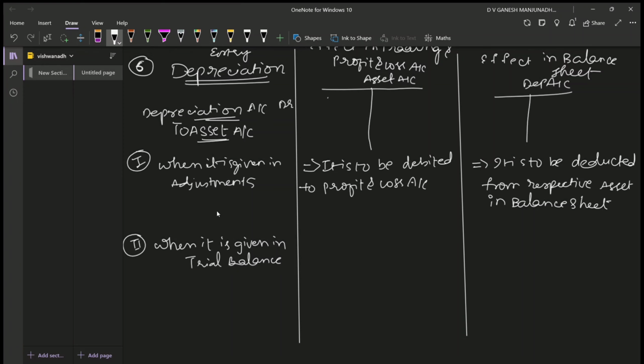When it is given in trial balance, we know that the above entry was already recorded, but this is not applicable for all situations. In the asset account, we have the debit balance, that is balance brought down, and on the credit side we write by depreciation, and the balance would be by balance carried down.